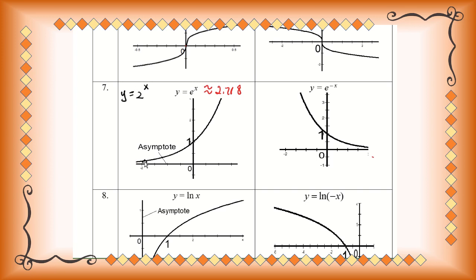So the curve is going up with a critical point, which is the y-intercept at 1. And there is a horizontal asymptote for the e to the power of x exponential function. So when you sketch the curve, at negative x here, make sure the curve will never touch the x-axis.